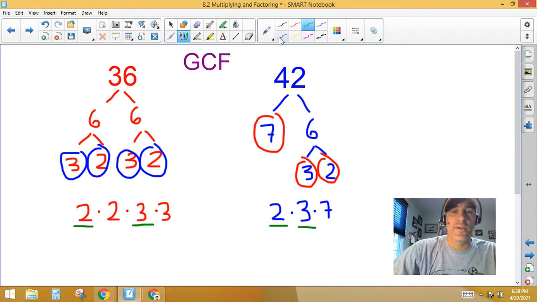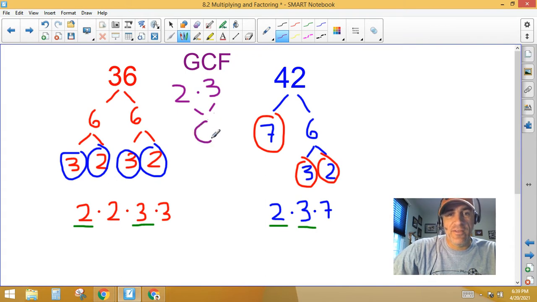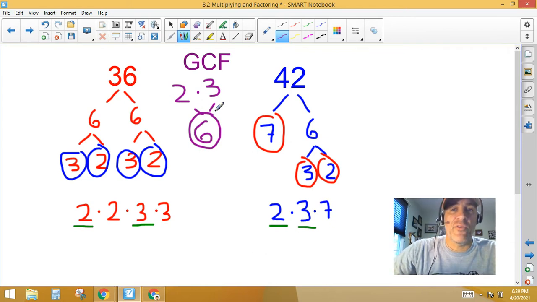They have a 2 and a 3 in common, which means their greatest common factor, when I multiply those two factors, their greatest common factor is 6. So this works for any set of numbers. If you break it down into a factor tree, find the prime factorizations and see what repeats in both lists, multiply it out, and that would be the GCF.